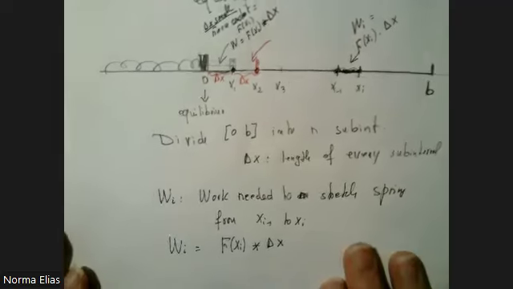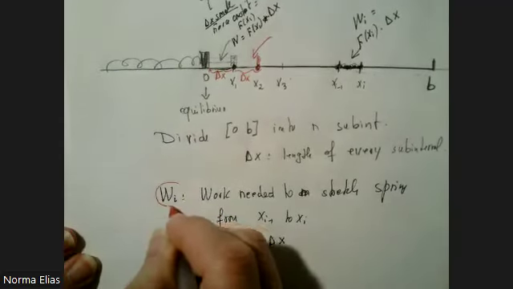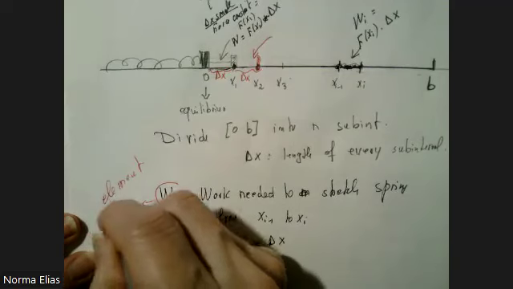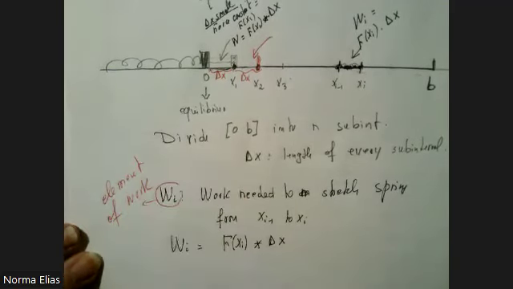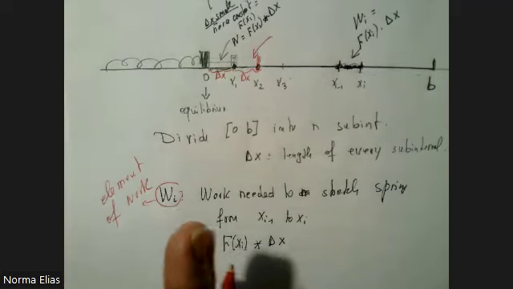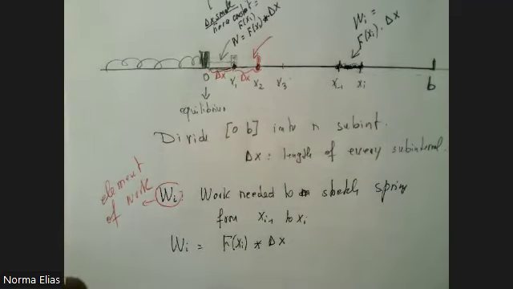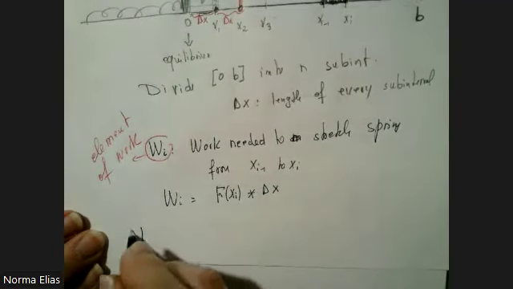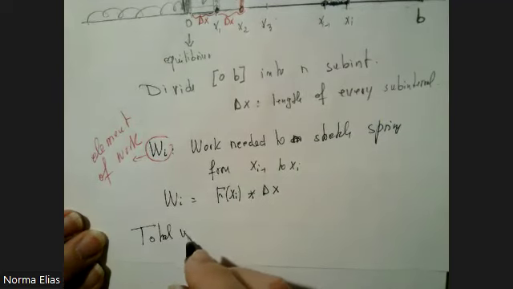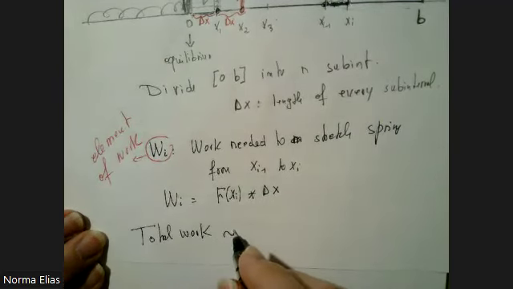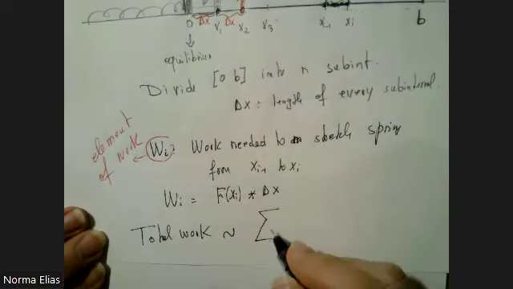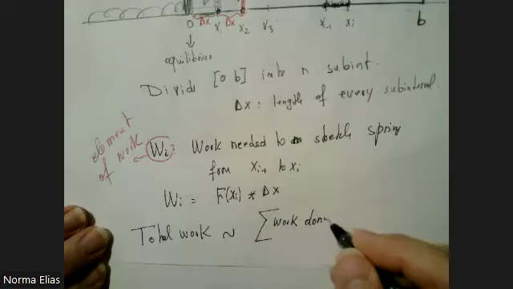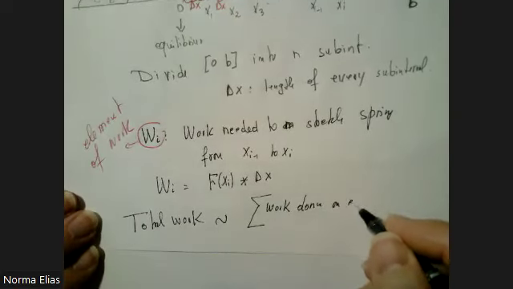Now, a lot of the time in your physics course, they call Wi the element of work. It's the work needed to move the object a tiny bit, because we can assume the force is constant during that time. So the total work is going to be approximated by the sum of the work done on each subinterval.